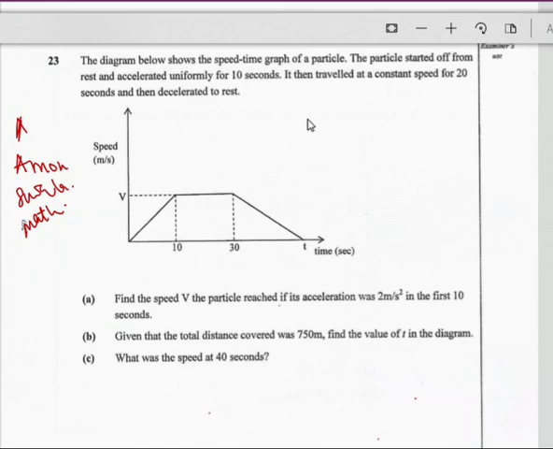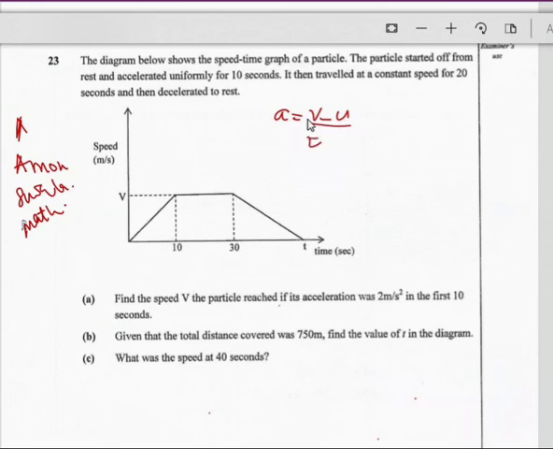The first part says find the speed v the particle reached if its acceleration was 2 meters per second squared in the first 10 seconds. So remember, acceleration is equal to final velocity minus initial over time.